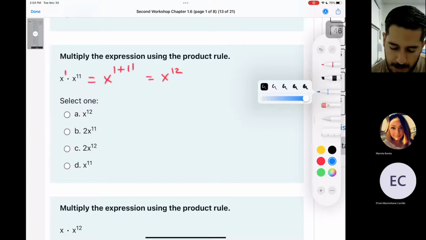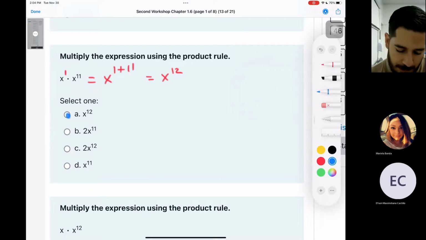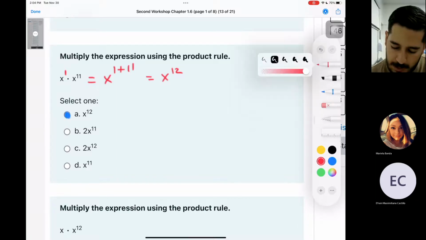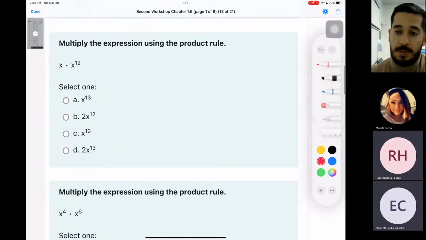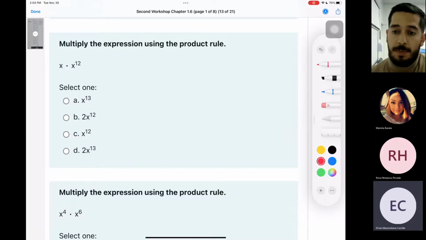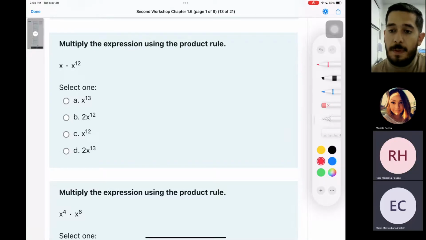Multiplication of variables means addition of exponents. Multiplication of variables means addition of exponents.